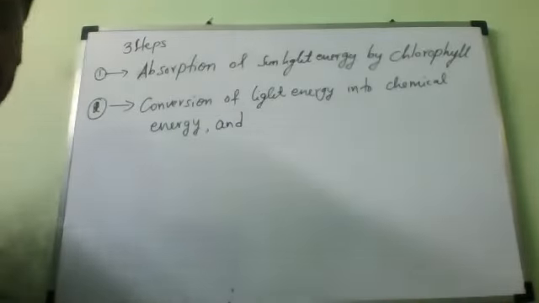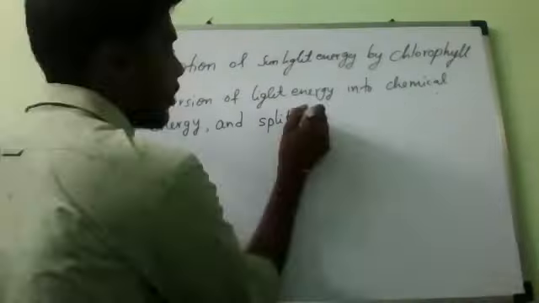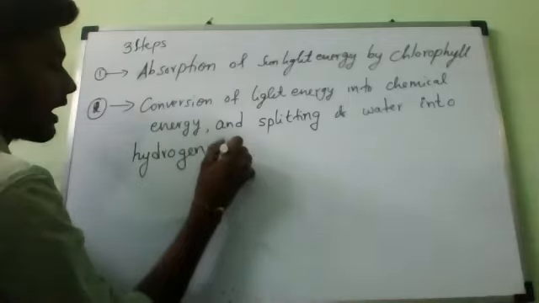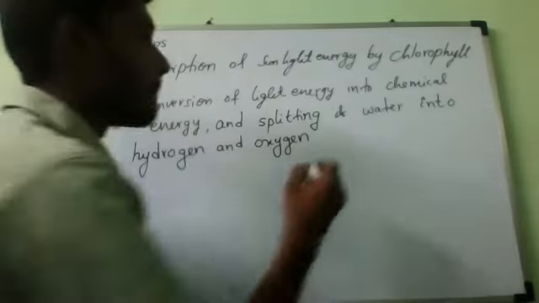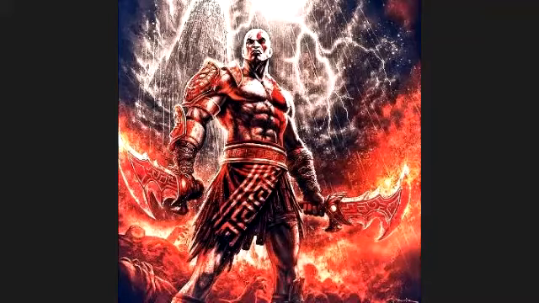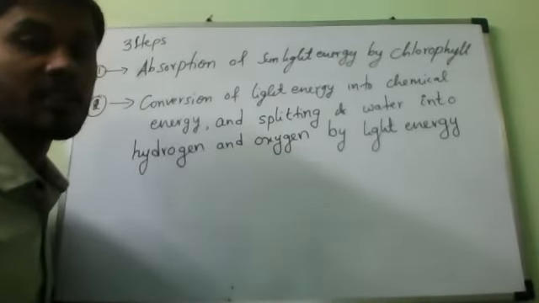With the help of this light energy, the water will be splitting. How does it split? Into hydrogen and oxygen, two products which we are very familiar with. By which energy? Light energy. So this is the step 2 process.